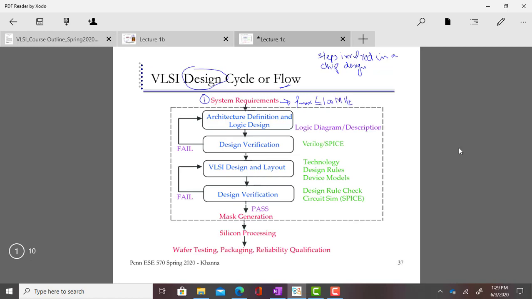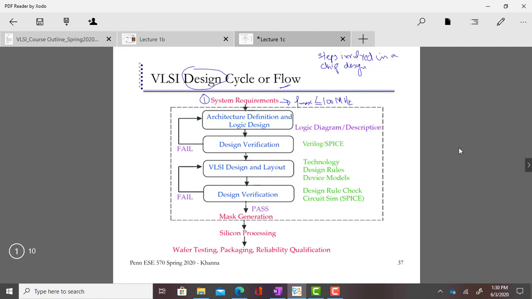So this is a design requirement, and for this requirement you have to design a chip, a circuit on a chip. Normally this is just one requirement. There can be other requirements. For example, the power consumption should be less than, for example, 10 milliwatt. Usually these requirements come from the user.